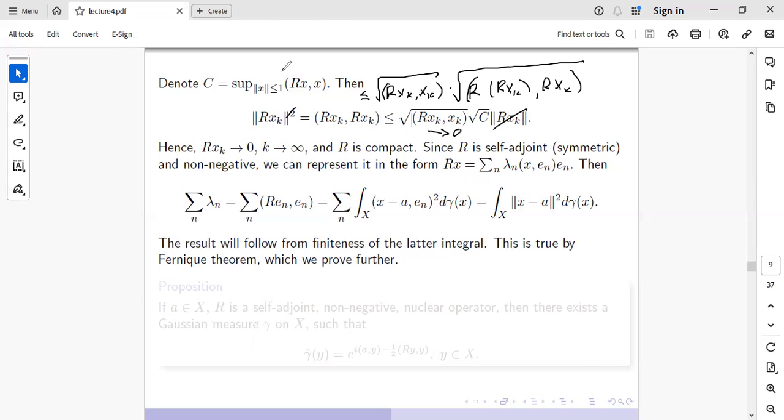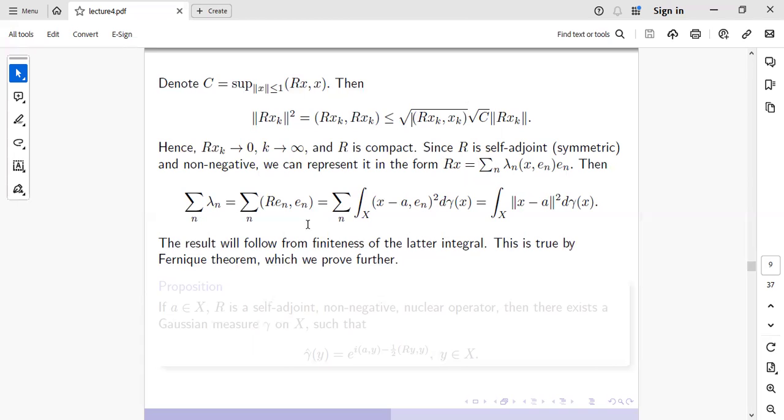Then Rxk will also converge to 0, so R is compact. Since it is self-adjoint and non-negative, we can write it as a sum over eigenvectors. And now it remains to check that the sum of lambda is finite.